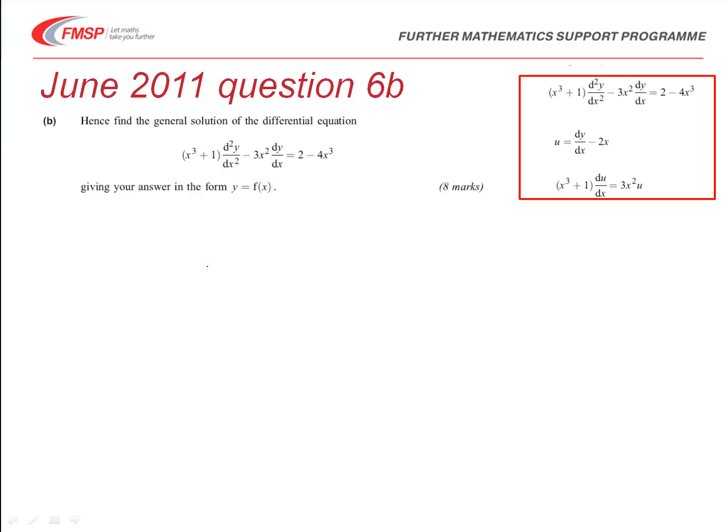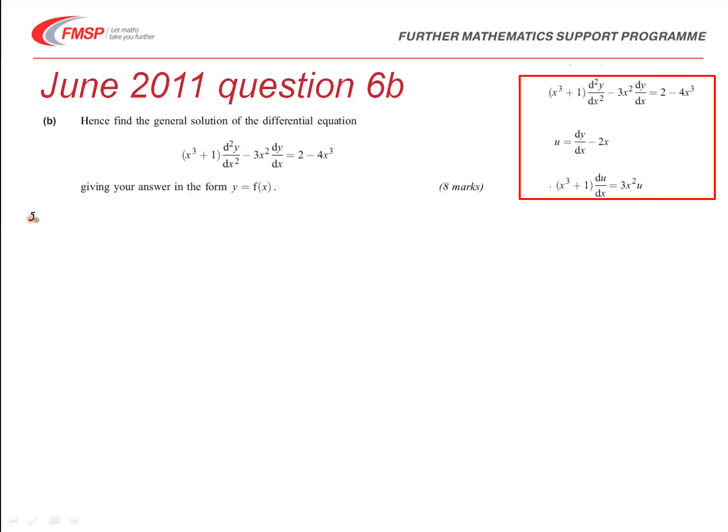Now part B, we're looking for the general solution of the second order differential equation, so we're going to have to solve initially the first order differential equation. Now we should recognise here that we've got x cubed plus 1 and 3x squared, and everything's multiplied together on each side, so we can separate the variables, which is a basic technique for solving first order differential equations.